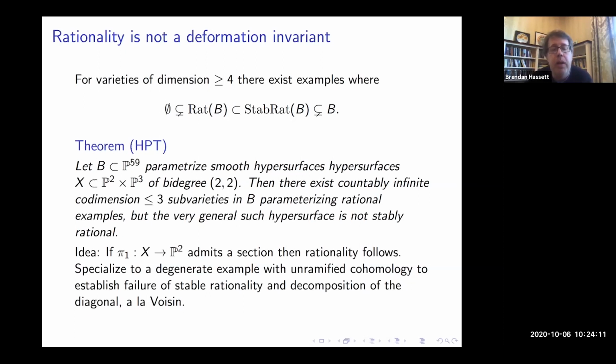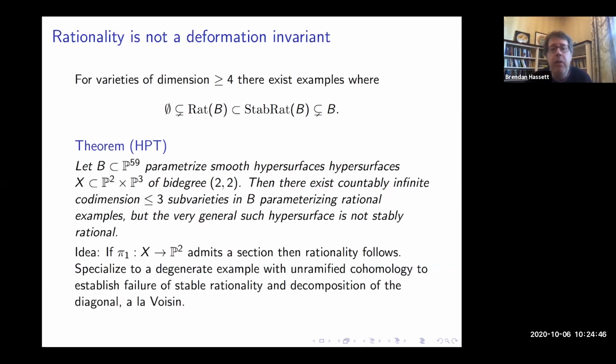One can show, using techniques of Hassett, that these are in fact dense in B for the standard complex analytic topology. However, a very general such hypersurface is not stably rational. And in particular, if it's not stably rational, it's also not rational. And so this gives you some information about what kinds of inclusions can happen. So some strict inclusions are possible, even when the rational locus is not empty.